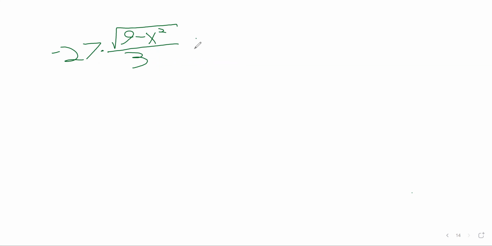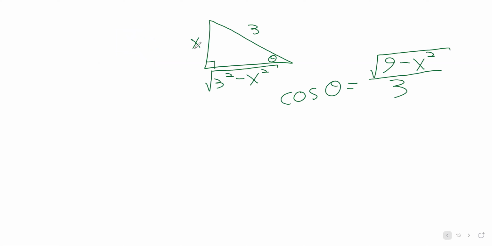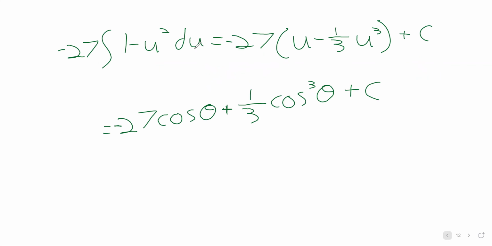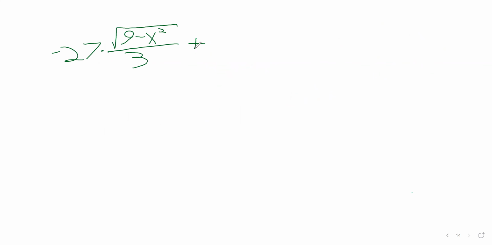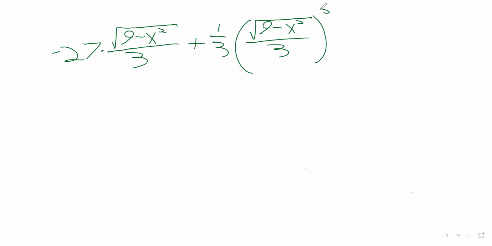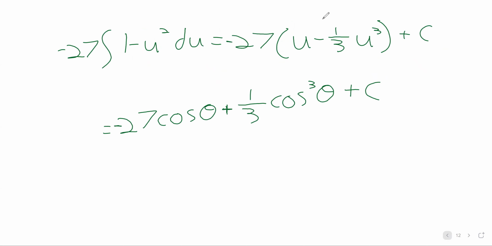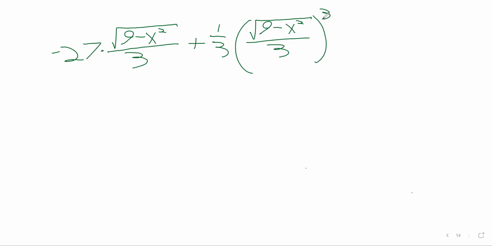So, thus, 1/3 times this cosine cubed. And then we've just got our constant of integration.